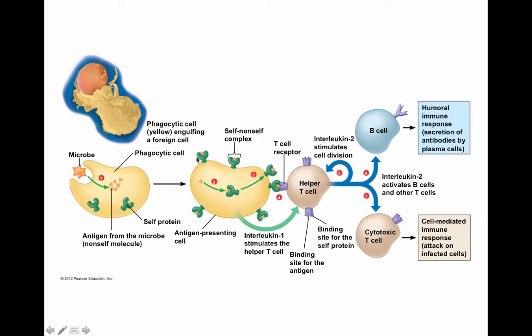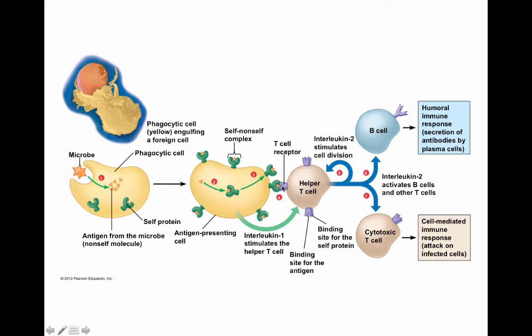And the phagocytic cell, after engulfing this pathogen, returns to the lymphatic system, circulates maybe to a lymph node, where it then bumps into a helper T cell and presents the antigen. It is called an antigen-presenting cell because it's basically presenting the antigen to the helper T cell. It says, look, helper T cell, look what I found. All right.